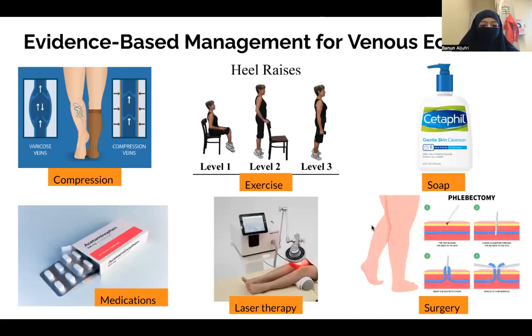So for management of venous eczema, the primary objective of the treatment is to address the underlying venous insufficiency, reduce edema, inflammation or redness of the skin, itch, and improve overall skin integrity. Compression therapy is a standard treatment that studies have shown lowers the venous pressure on the skin.